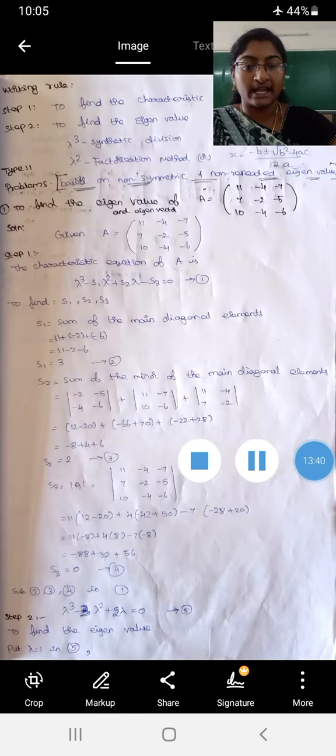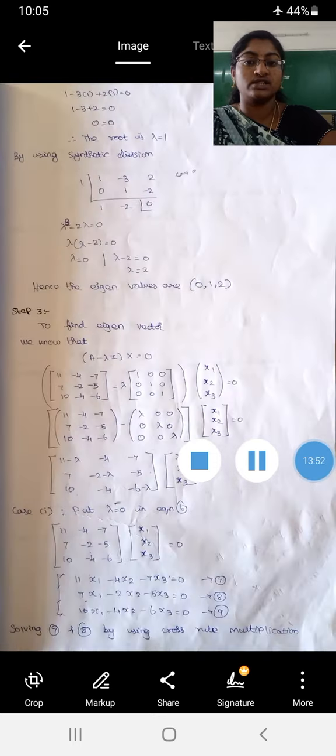So in our characteristic equation, write the coefficients in our synthetic division. So see, lambda cube coefficient is 1, lambda square coefficient is minus 3 and lambda coefficient is 2. So just write here. We already find that the root of lambda equal to 1. So put the 1 in outside. So write 0.